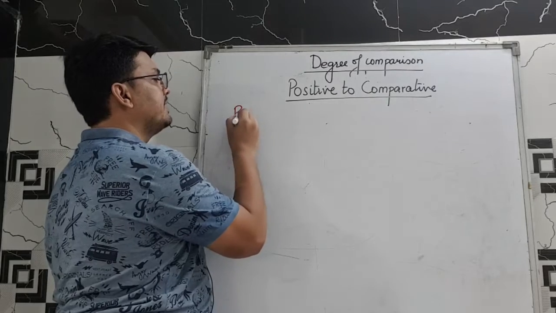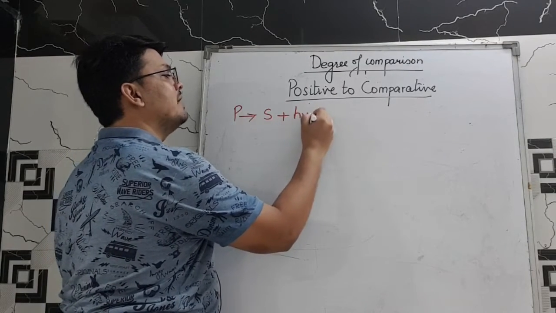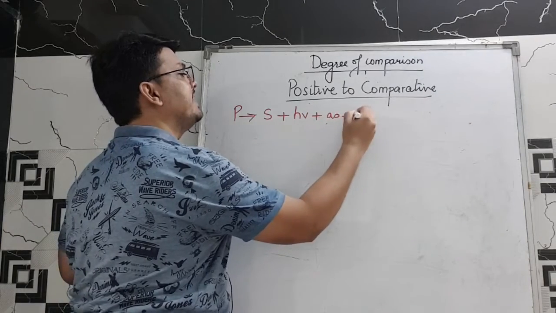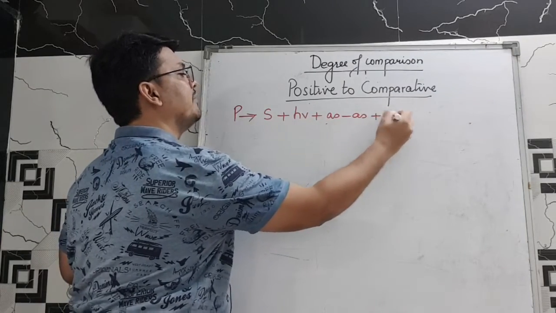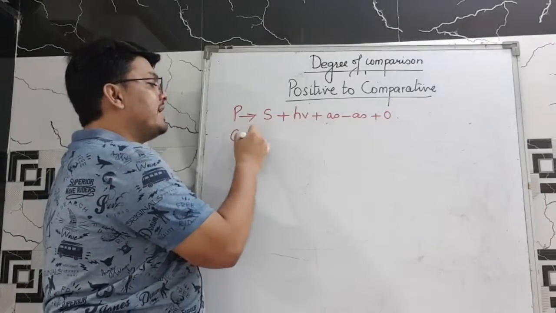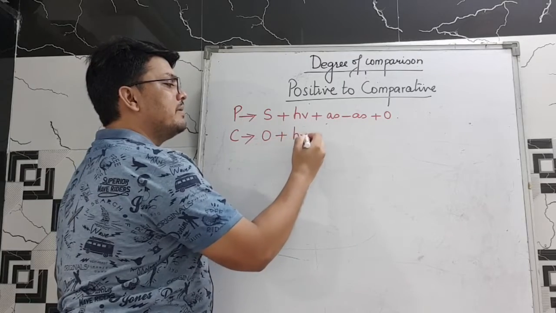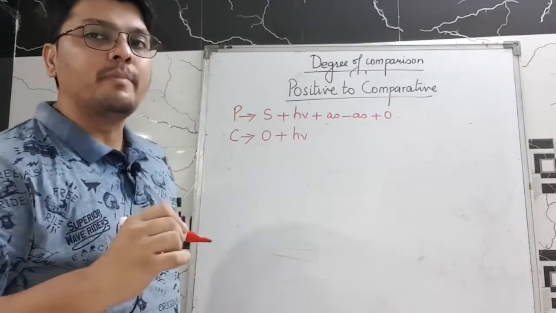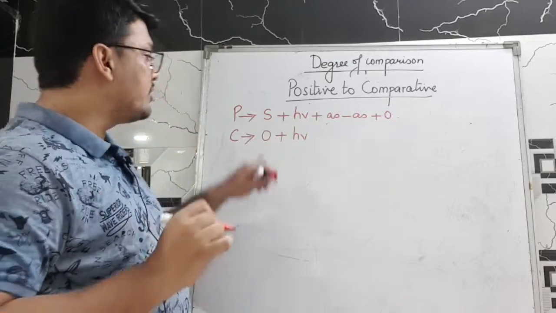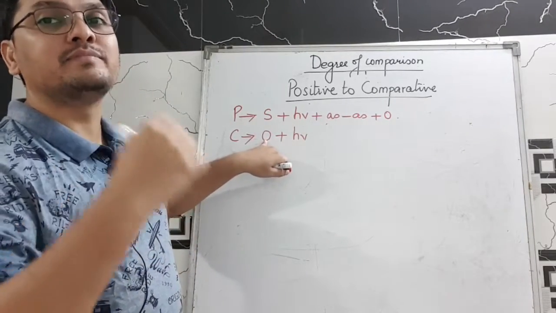Positive degree begins with subject plus helping verb plus positive degree sign as plus object. Now how will I convert it into comparative degree? Object will come here and helping verb. Now students, helping verb will be used here according to what form of subject or object comes here.